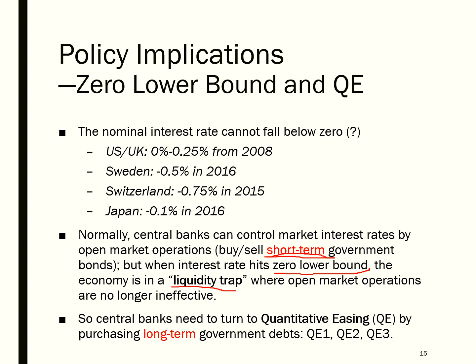You provide liquidity by selling and buying these long-term government debts. Something like QE1, QE2, and QE3 in the US are the 3 waves of QE. And it does have some effects, but still, once you are trapped in the liquidity trap, then the Taylor rule will be very ineffective.